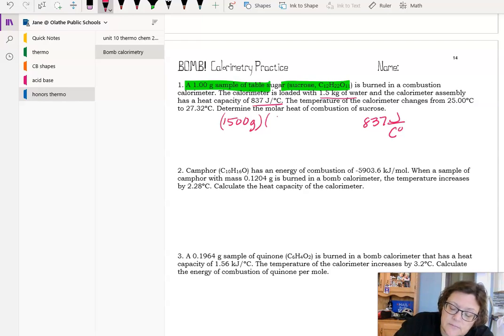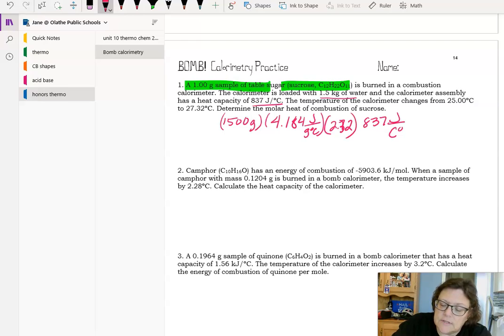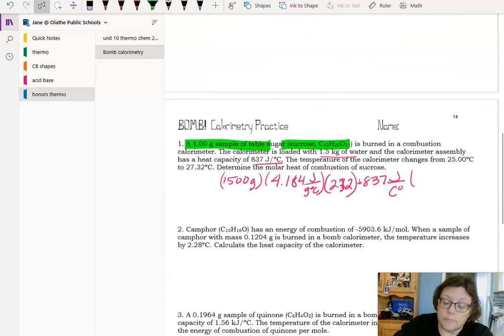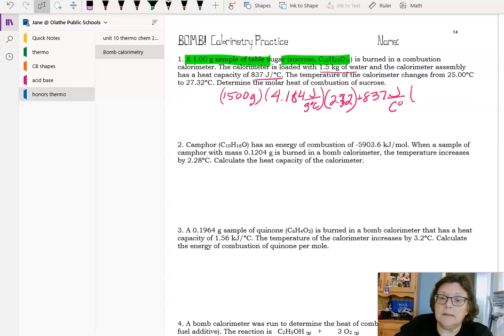We need to know the specific heat of water, which is 4.184 joules per gram degrees Celsius. And it tells us our temperature change is from 25 to 27.32, which is a difference of 2.32 degrees Celsius. And we're going to add that to the energy from the calorimeter, which we calculate by taking the heat capacity of the calorimeter and the temperature change, 2.32.